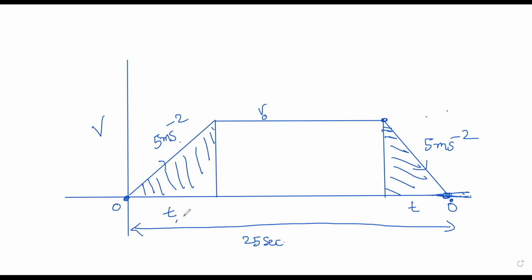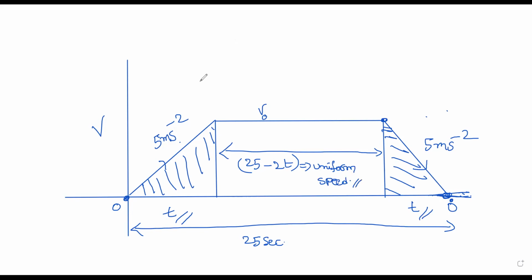Now excluding this time, what you get in between is 25 minus 2t. This is the time in which it had the uniform speed. So this is the idea what we have.